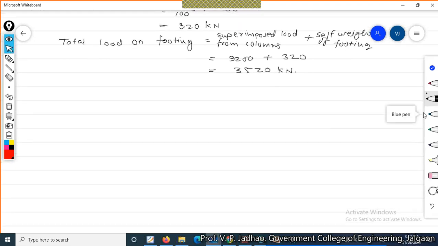Next we have to calculate the area of footing. We have one formula for calculating the area of footing, the same one we used in the case of isolated footing.